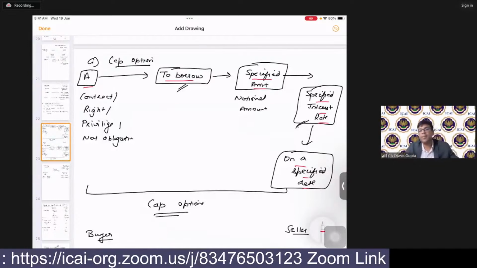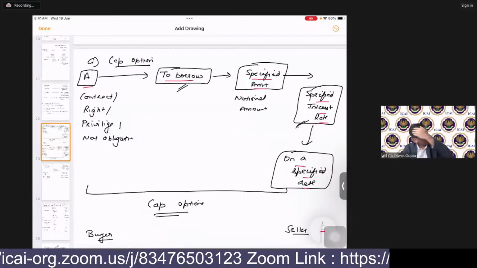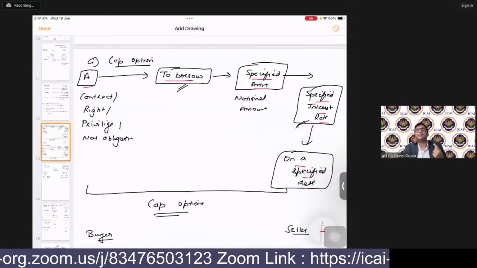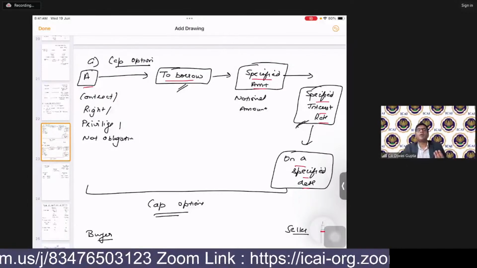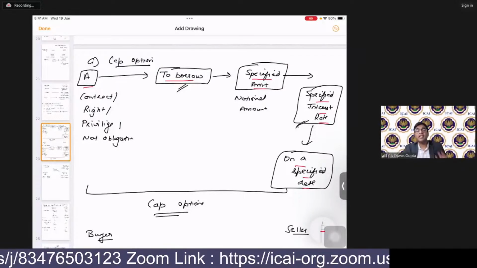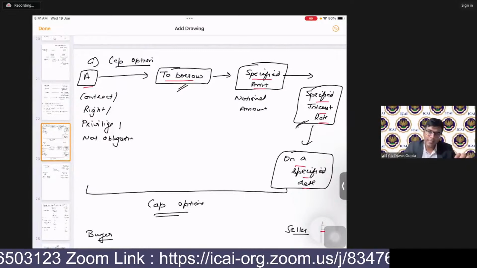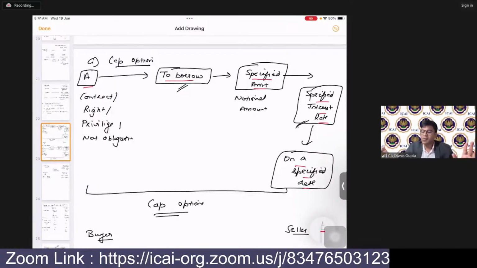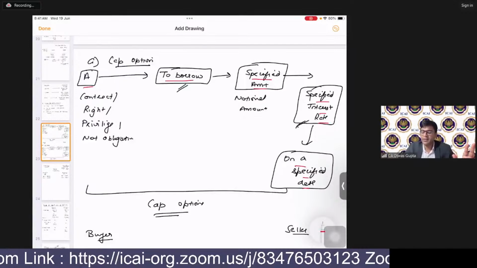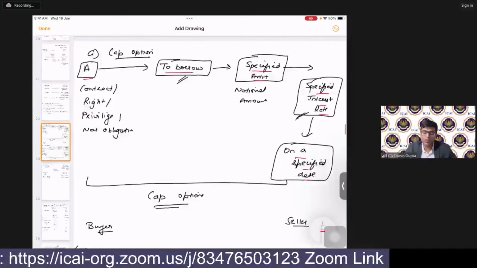This is called a cap option, students. So when it will happen, at what rate, what is the amount, and what is the nature? The nature is borrowing. So the borrowing happens under this contract for a specified amount, at a specified interest rate, on a specified date. This is called a cap option, students.